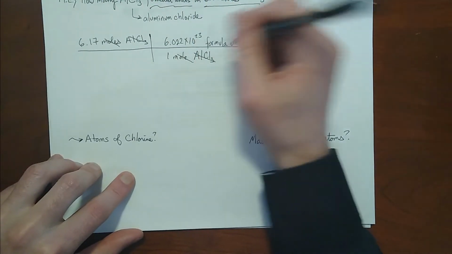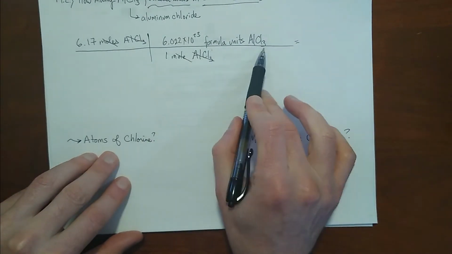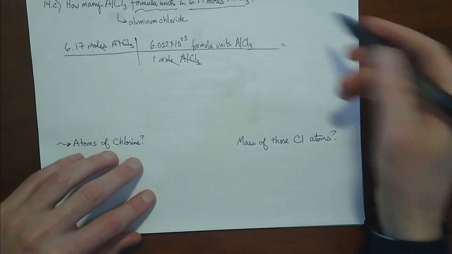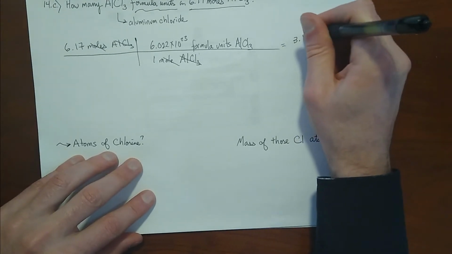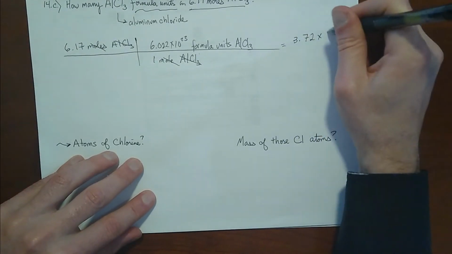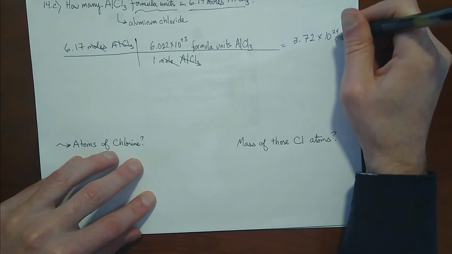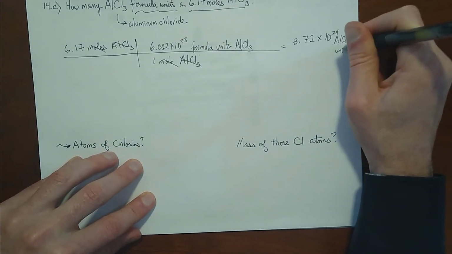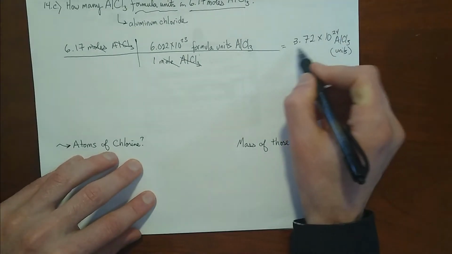These will cancel. I'm left with formula units, which is what I want. When I perform this multiplication, I end with 3.72 times 10 to the 24th aluminum chloride formula units.